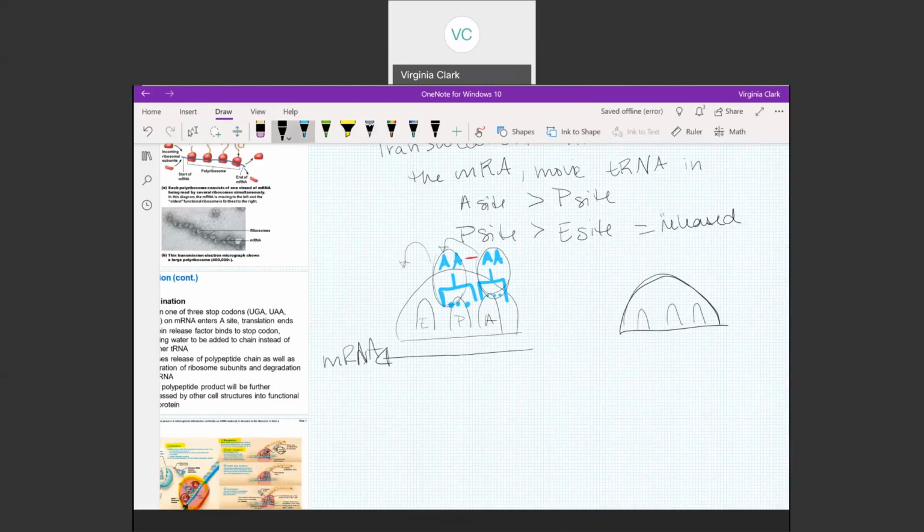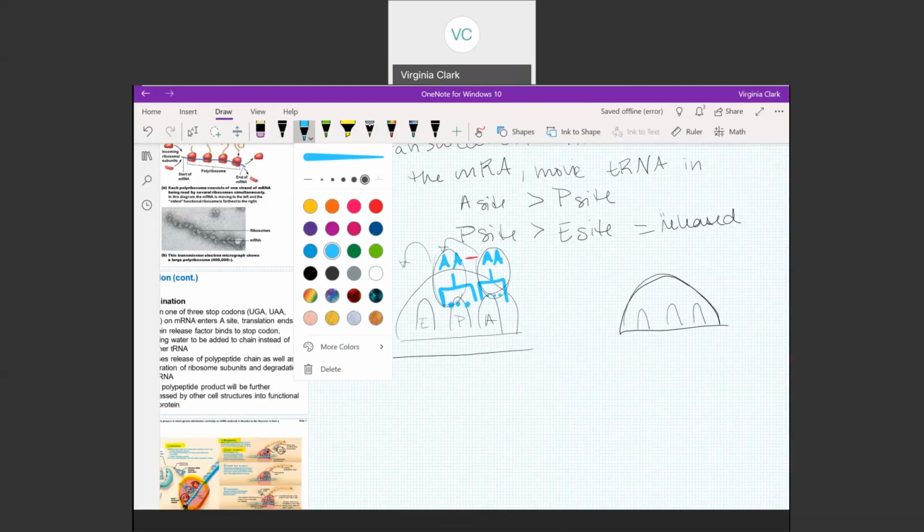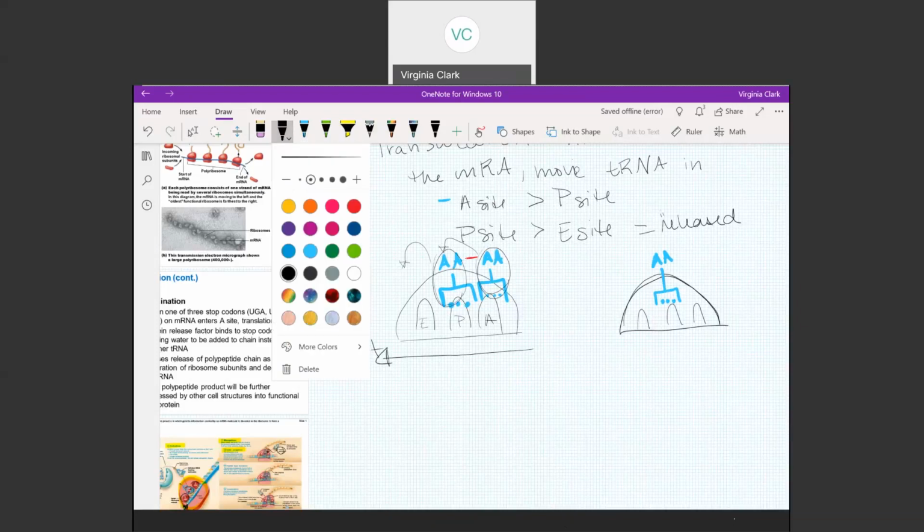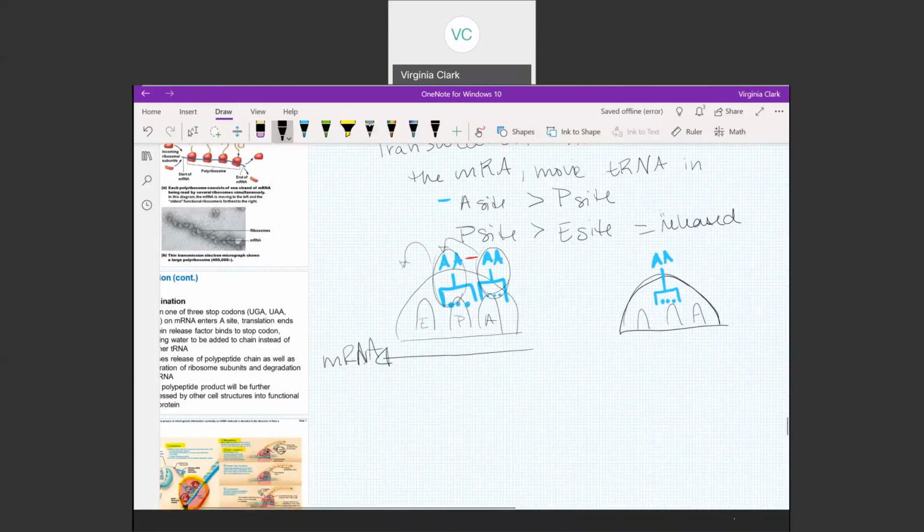So now we've moved your A site to your P site. Here's my A site and my amino acid, and he was attached to this guy.